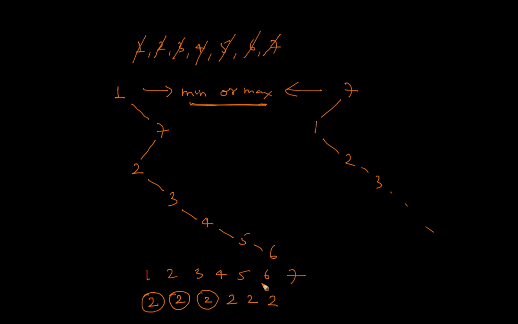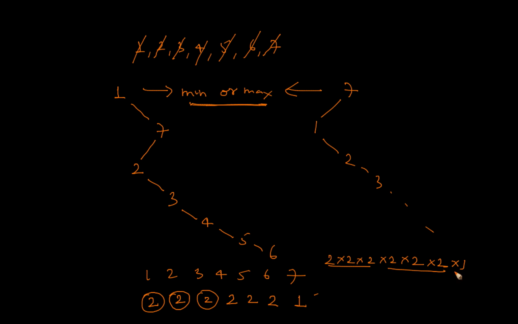But once we have chosen the sixth element, then after that only one element is left, and it can be chosen in only one way. So overall, the number of ways in which it can be chosen is 2 into 2 into 2 into 2 into 2 into 2, 6 times, and then the last choice is only 1.